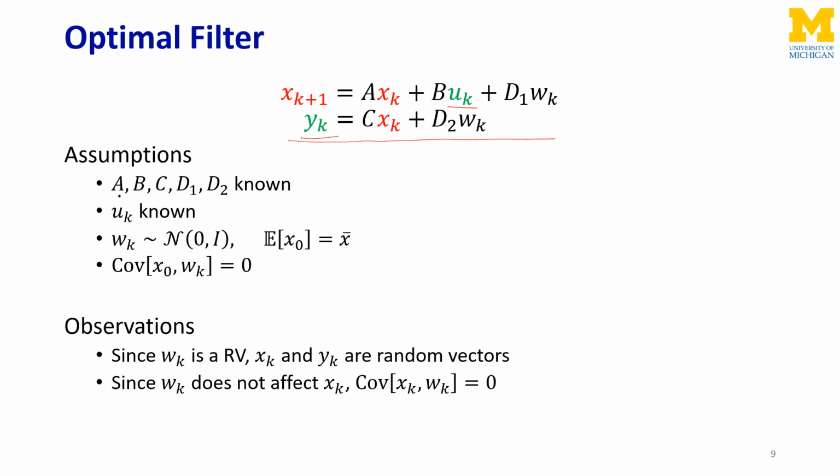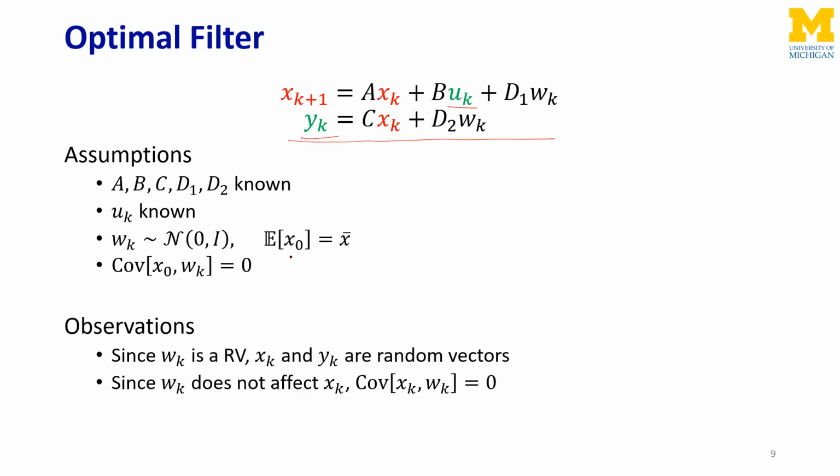We assume that we know what the ABCD matrices are, that the input U is known, and that the process noise W is Gaussian with zero mean and variance 1.